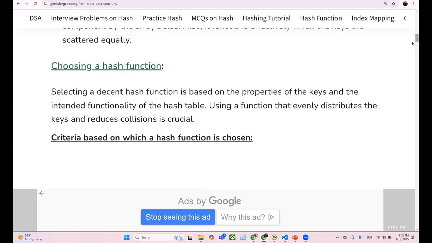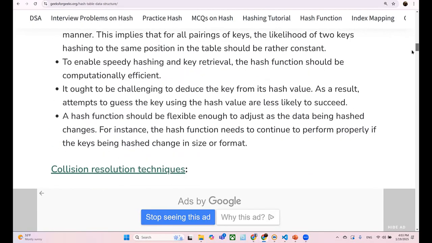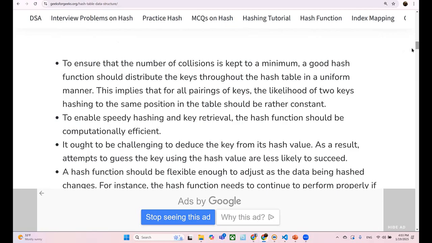Here you have several different criteria to choose a good hash function, to ensure the number of collisions is kept to a minimum. A hash function should distribute keys throughout the hash table, trying to distribute them uniformly. That's the whole purpose. Usually the hash function is a division or multiplication algorithm based on bit level operations.